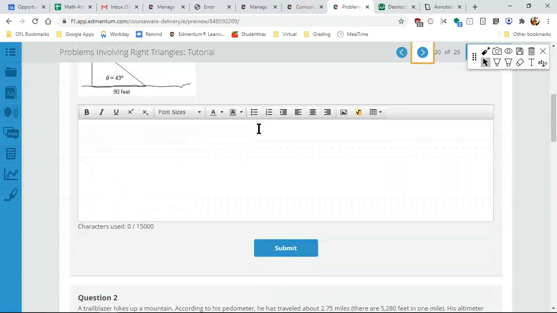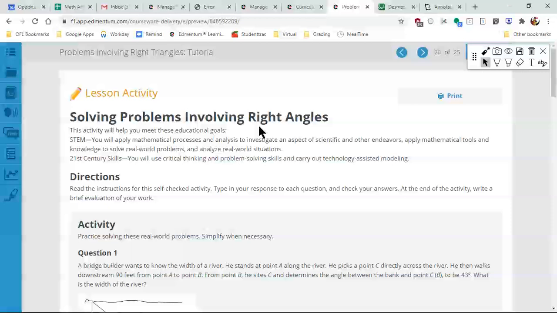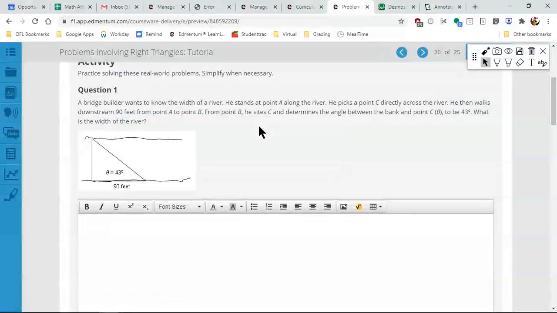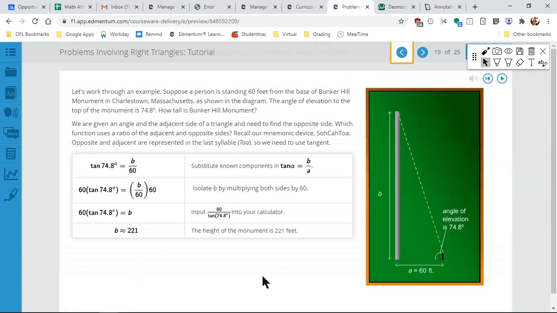A phone measuring tape. Okay. But how do you think those phones figure out the height of buildings? How do you think those apps figure out the height of buildings? They're using trig.